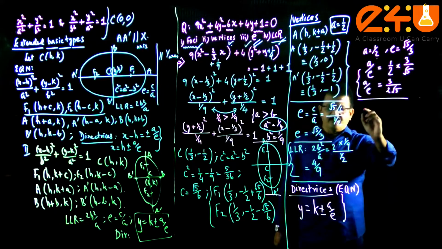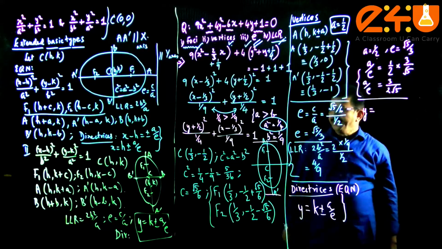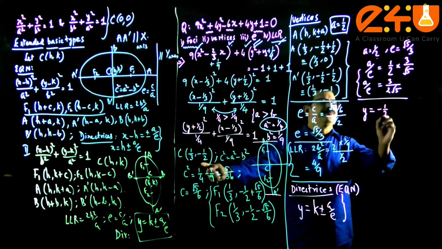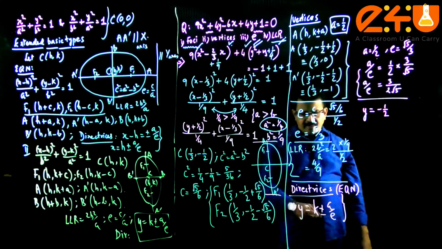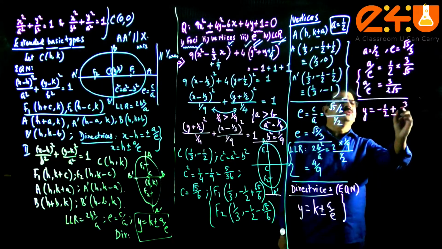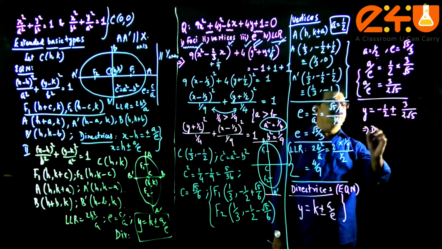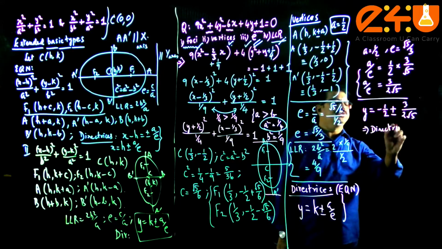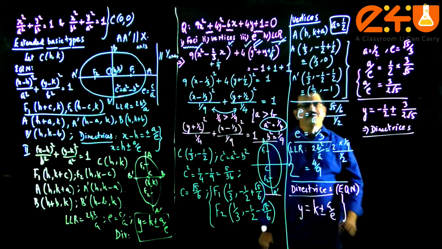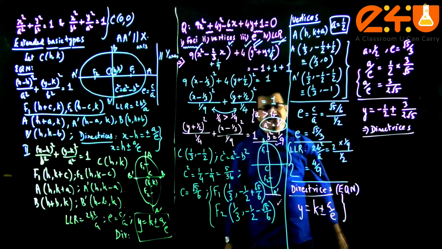Now we adopt the equation y is equal to k. Well, k is minus 1 by 2, okay, and plus or minus 3 divided by 2 root 5. This forms equation of directrices. So we are ready for the equation of directrices also.